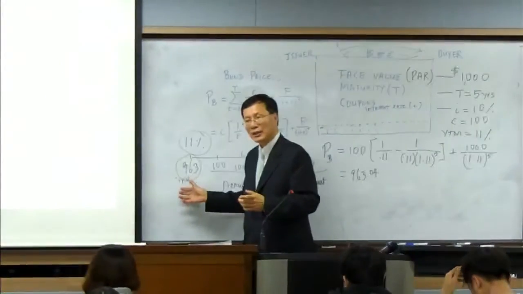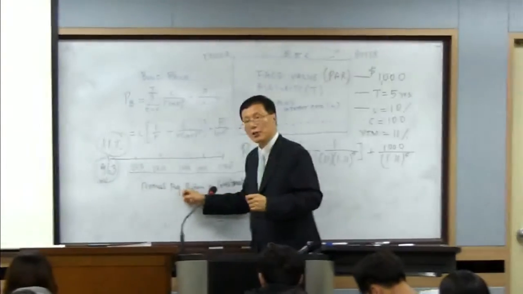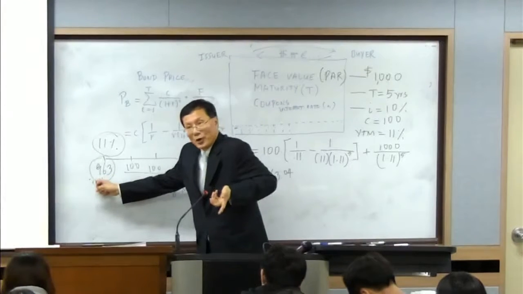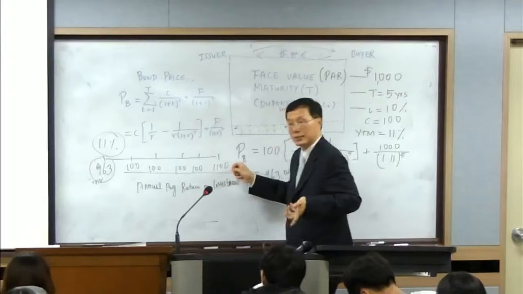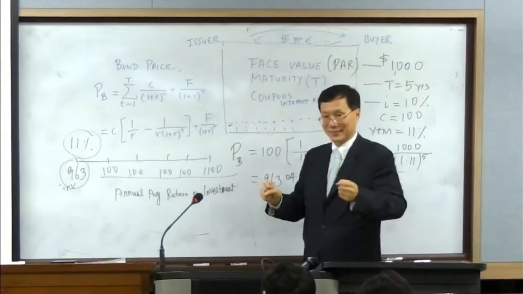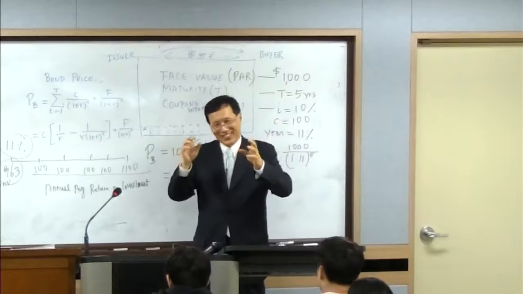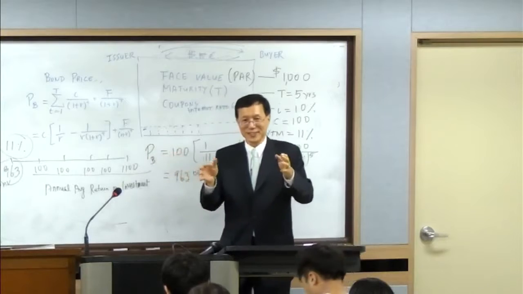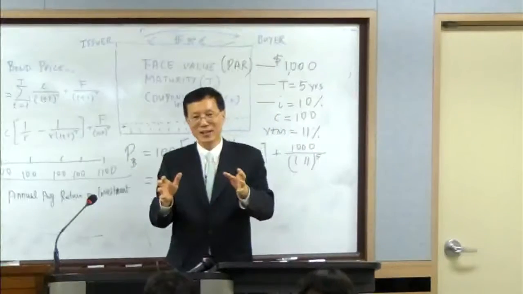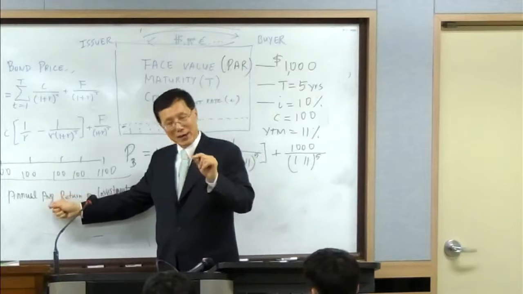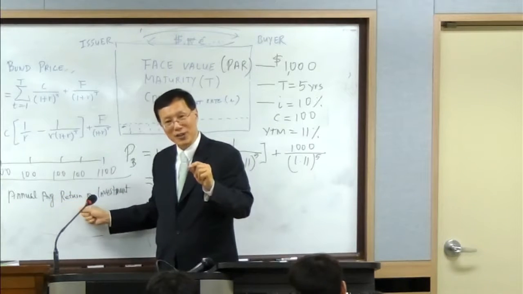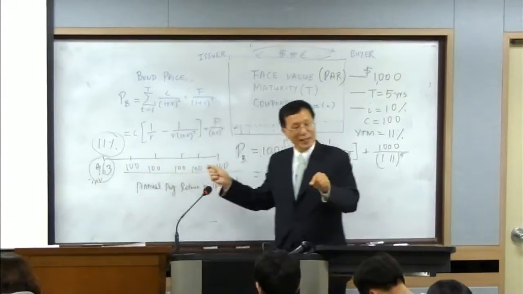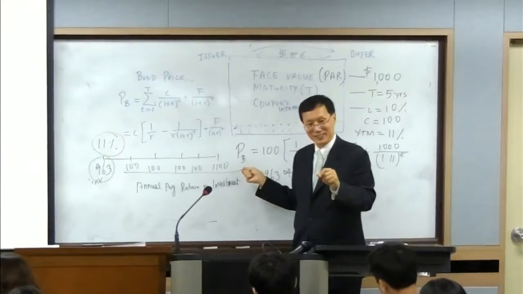Yield to maturity is the annual average rate of return on investment if you invest in the bond at today's price and hold it until maturity. It might be good for you to write it down. Yield to maturity can be considered as the annual average return on investment in the bond at today's price, held until maturity. Do you get it?